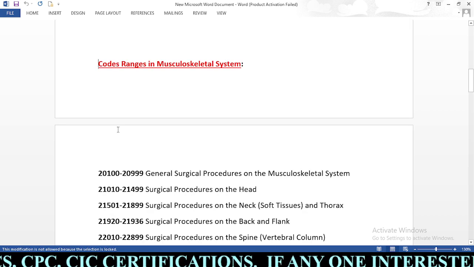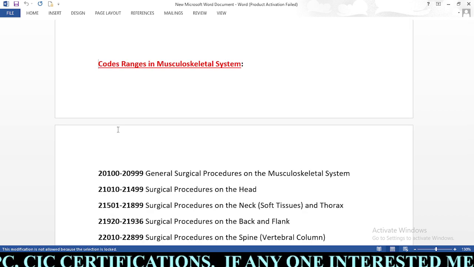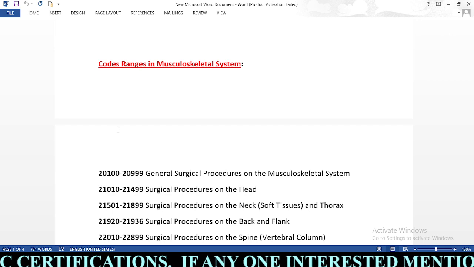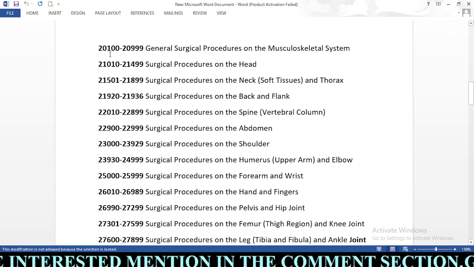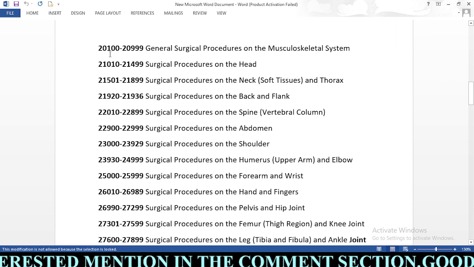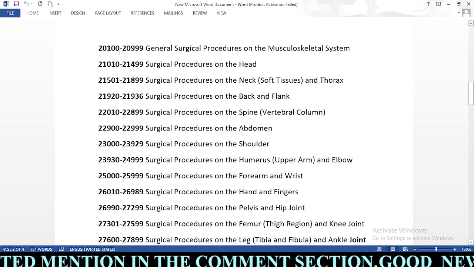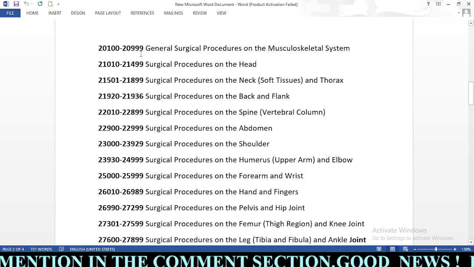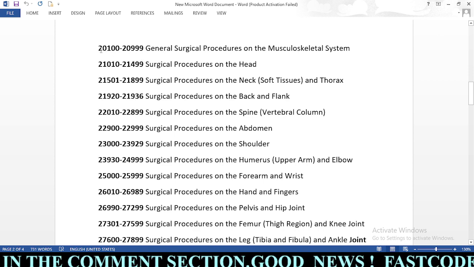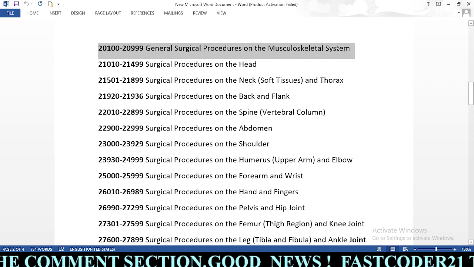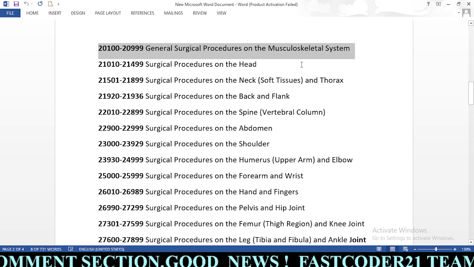So first we will check how the codes are ranged in the musculoskeletal system. If you see here, musculoskeletal system codes start from 20,100 to 20,999. So this row is the complete musculoskeletal system surgical procedures.